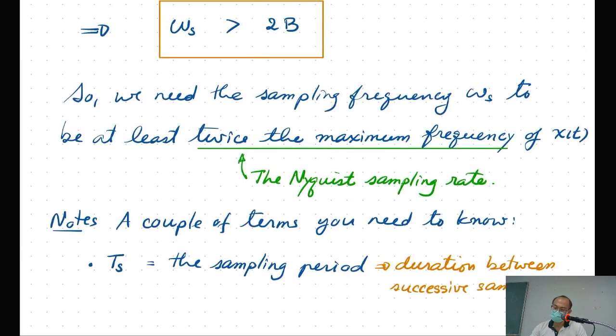The second term is Fs. Fs is 1 over Ts, and it is called the sampling rate, the rate of the sampling. The unit of this is samples per second, samples per unit time.